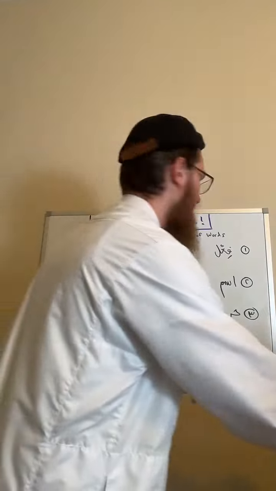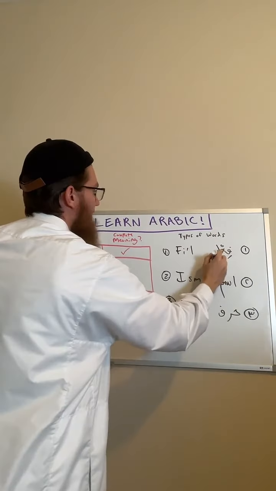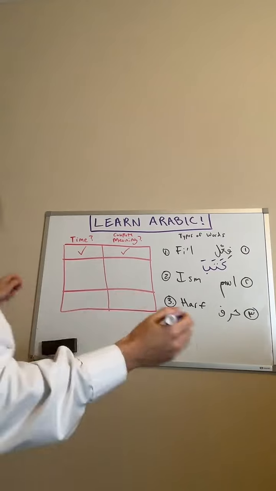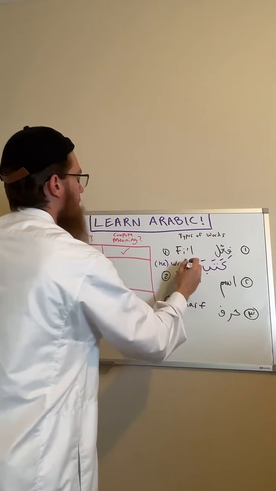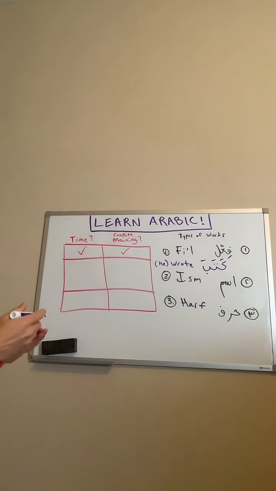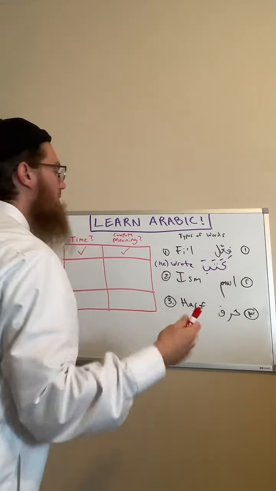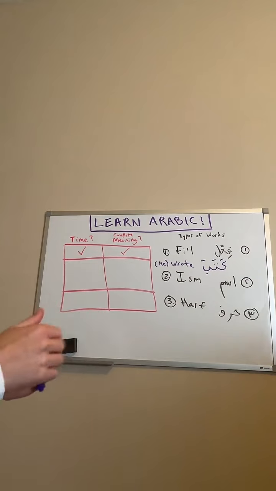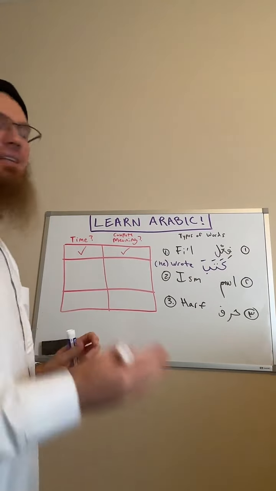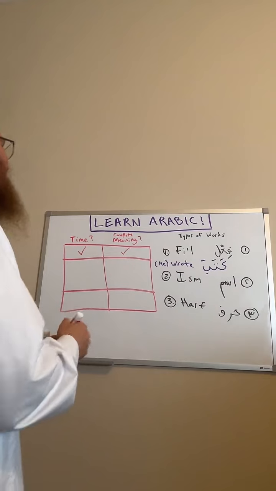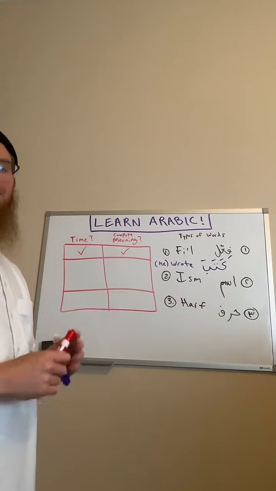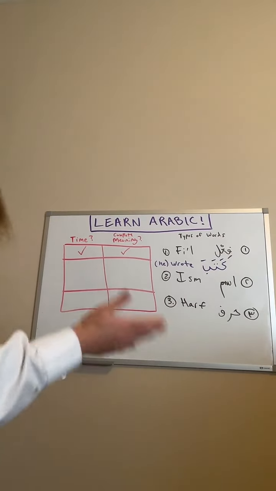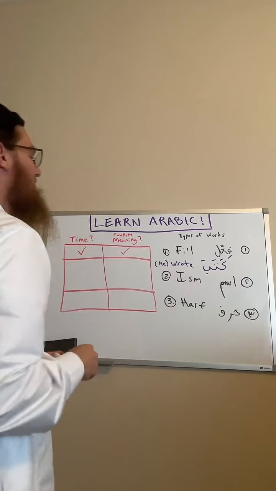We'll give you an example in Arabic. Kataba means he wrote. Does it have a relation to time? Yes, it happened in the past. This is the past tense, so that's why we check off time. Does it have a complete meaning? Yes, we know what that means. He wrote. So this is the fi'l.